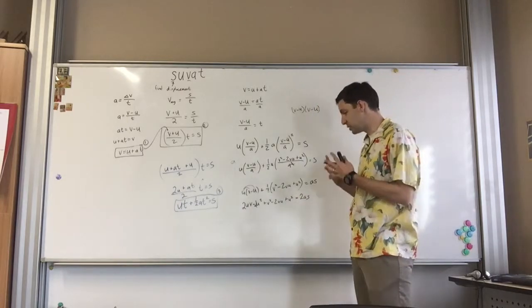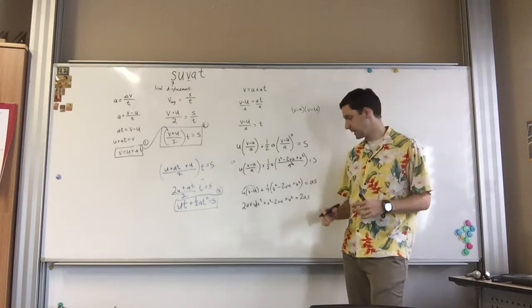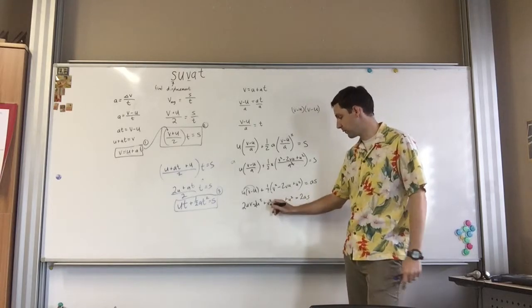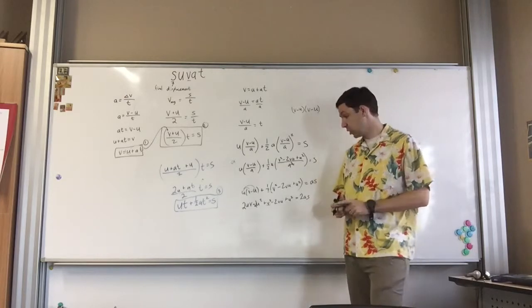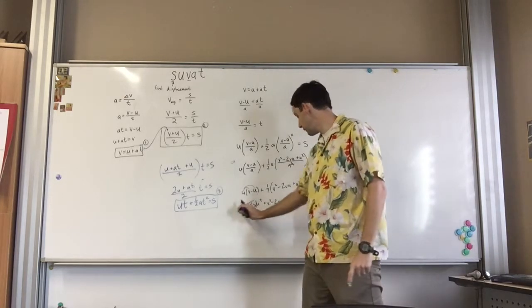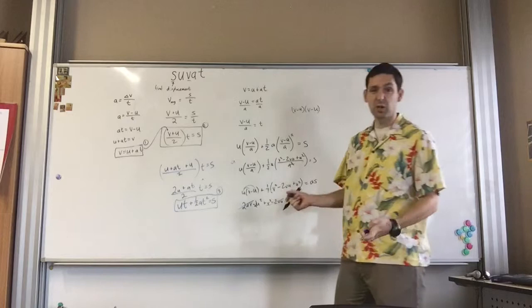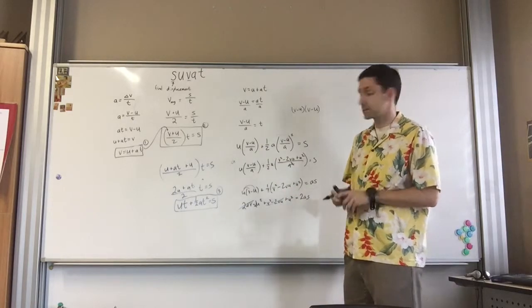And at this point, I should now just be able to put things together. Again, I said I was going to solve for v, and so I'm going to get the v squared all by itself. You'll notice that I've got a positive 2uv and a negative 2uv or vu, the same thing. So those are going to cancel out.